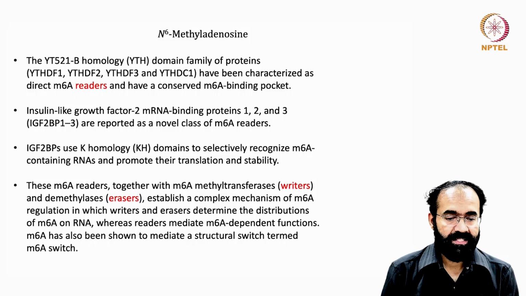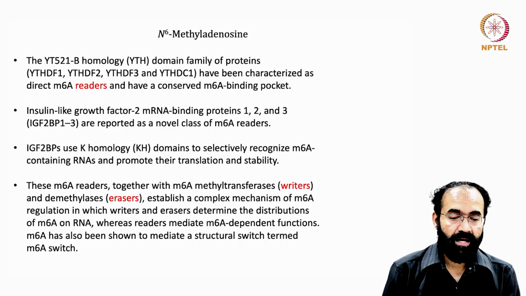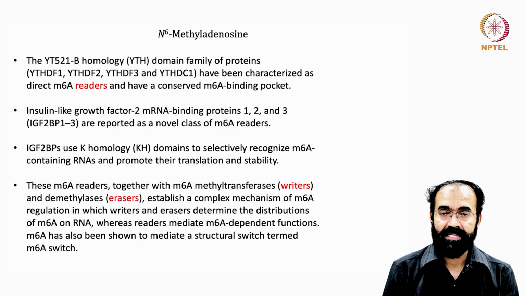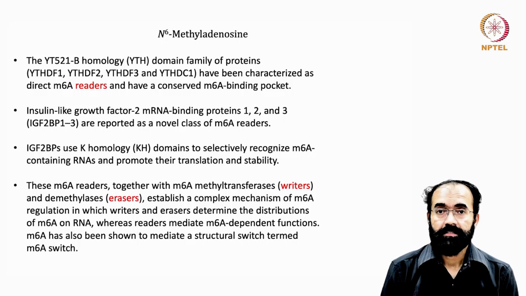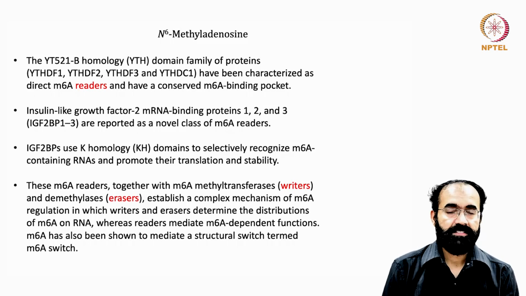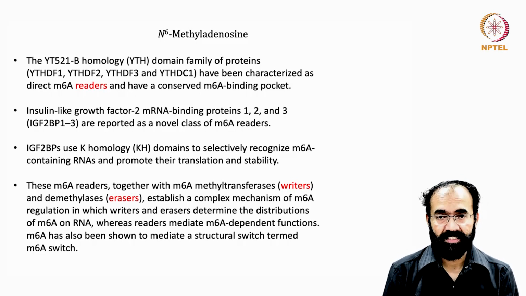One example is insulin-like growth factor 2 mRNA binding proteins 1, 2, 3, that is IGF2BP 1 to 3, reported as a novel class of m6A readers. They are joining the group. Say for example, many proteins in a system have a bona fide function where they are supposed to do that particular function.